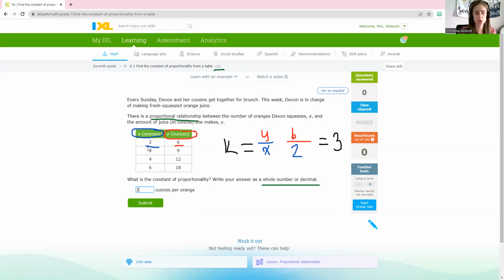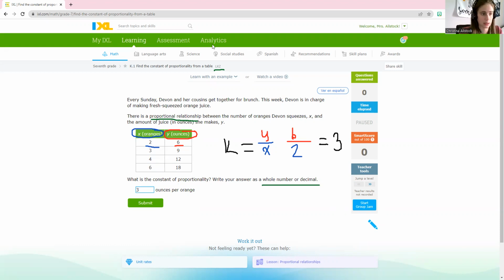I'm going to go ahead and, on this first example only, do it with another line in the table to prove to you that when you already know it's proportional, you can choose any of them, because if it's proportional, every single one is going to have the same relationship.